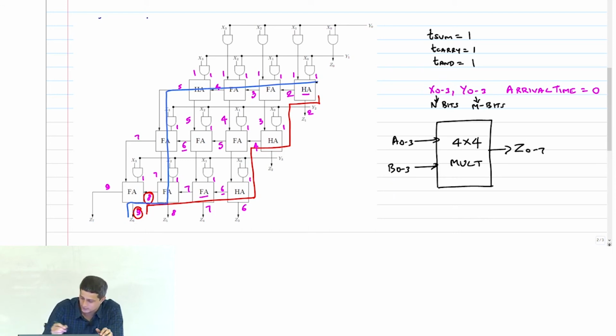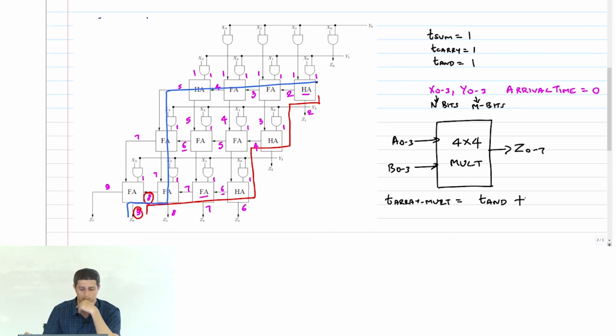So let us write that expression. T array mult. Of course, the first delay is the time to generate the partial products. One unit of time is needed for that, which is T and. Now it has to go through some number of sums and some number of carries.